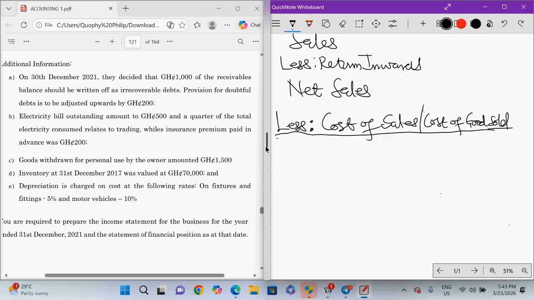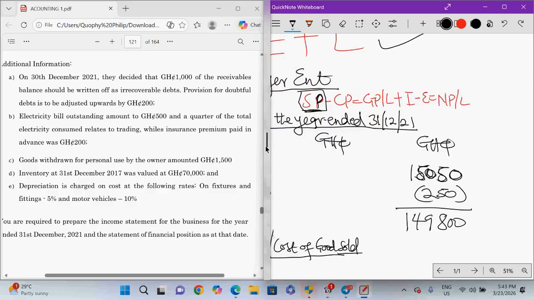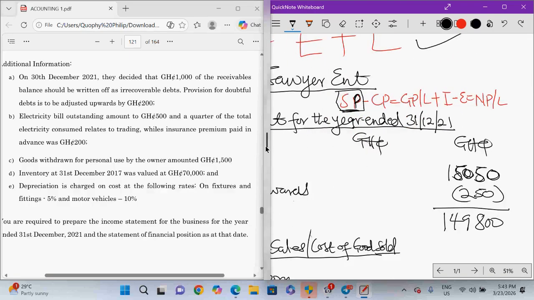Now, what is the first item under the cost of sales? Opening inventory. People are tired. Sure, very tired.